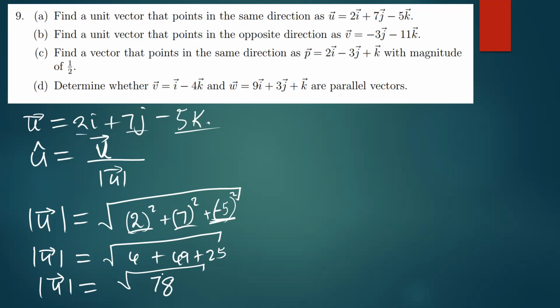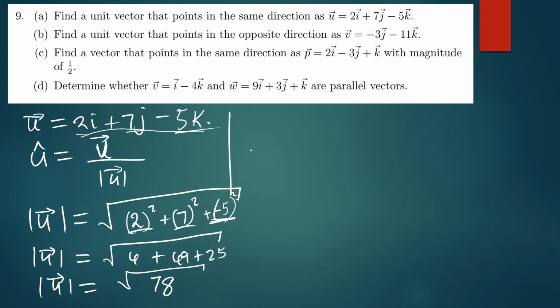If I'm not mistaken in the calculations, this is the magnitude. So we have the square root of 78 as the magnitude of this vector.